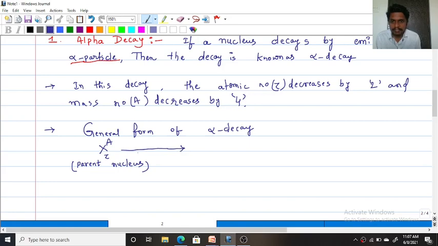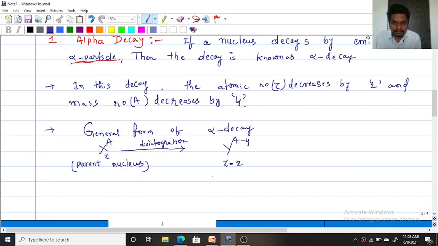After disintegration, the atomic number decreases by 2 and the mass number decreases by 4.